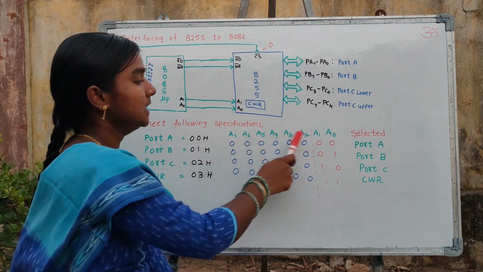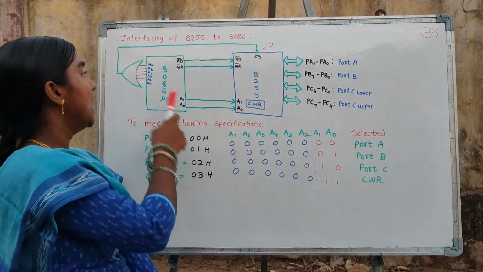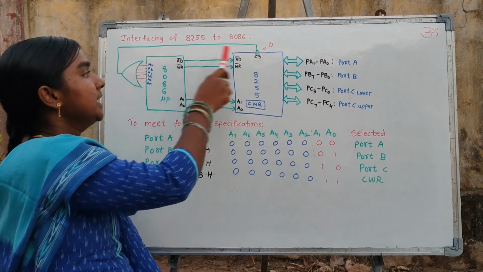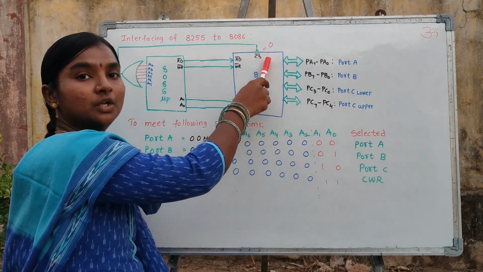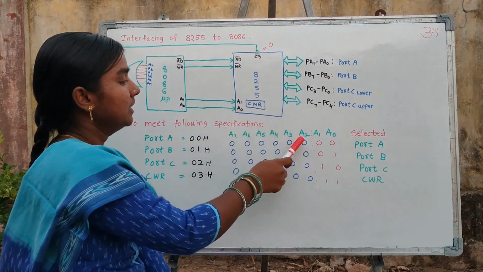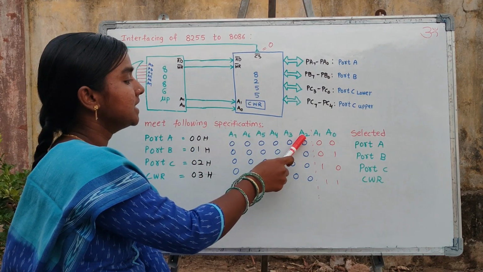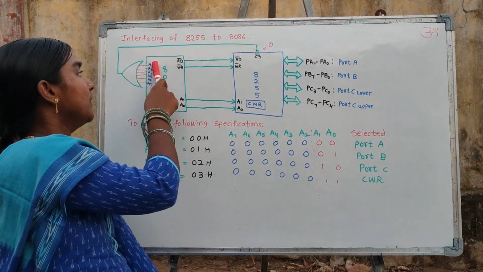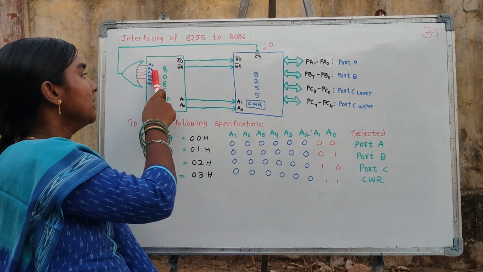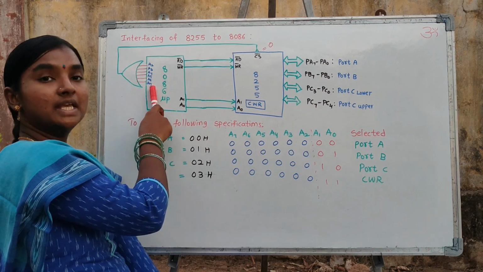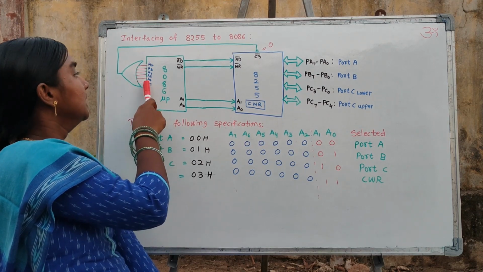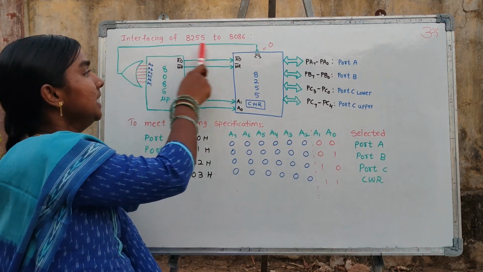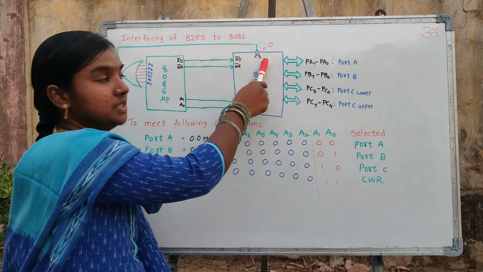To meet these address line values, we have to consider an OR gate here to generate a chip select signal value equal to 0. Considering the input address lines from A2 to A7, A2 value 0, A3 value 0, A4 value 0, till A7 value equal to 0, that is 0 plus 0 plus 0 and so on, it generates the chip select value equal to 0.